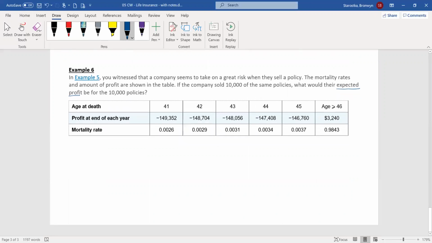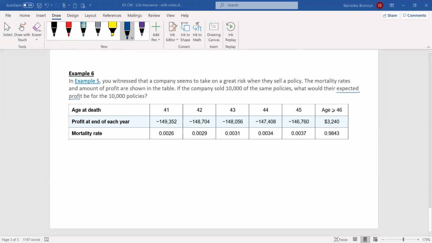So, expected value, I'm going to add right here. We take their profit at the end of the year times the mortality rate, and we multiply those together.